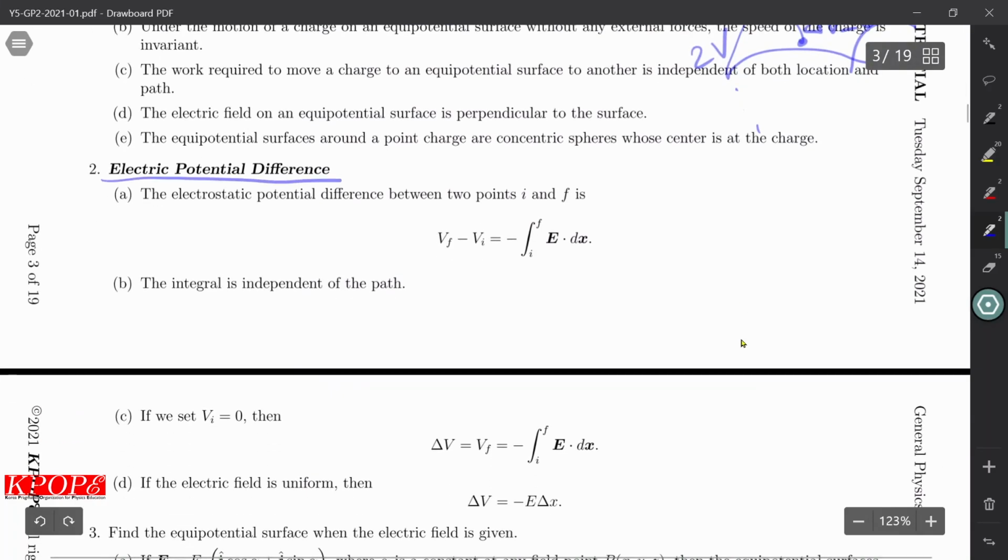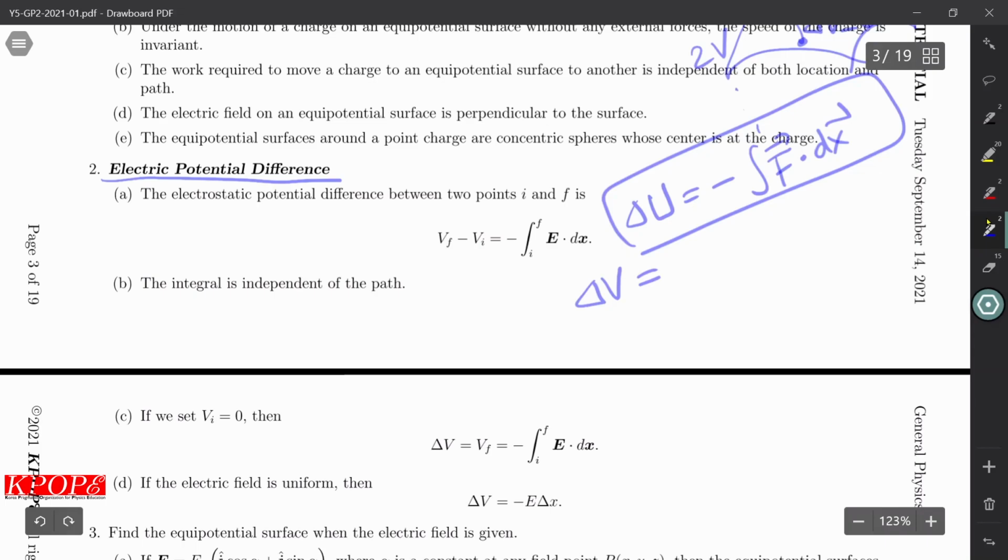Electric potential difference, delta V: the energy shift is minus force times displacement, the potential energy.